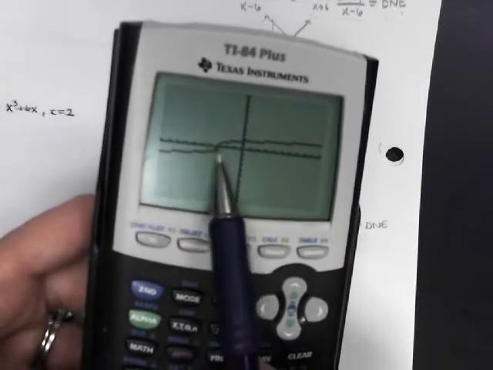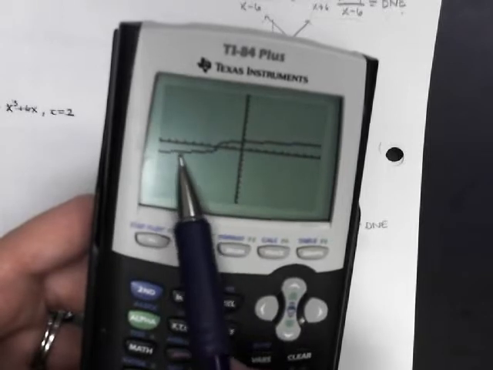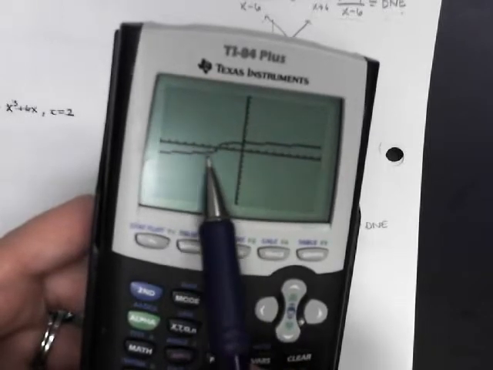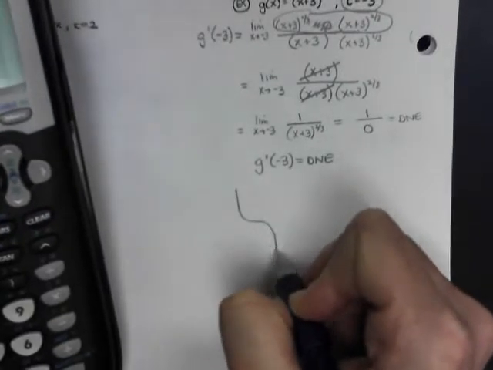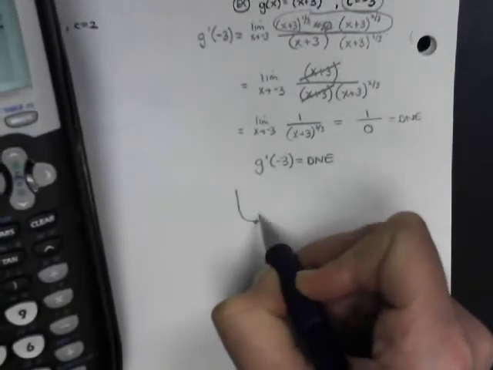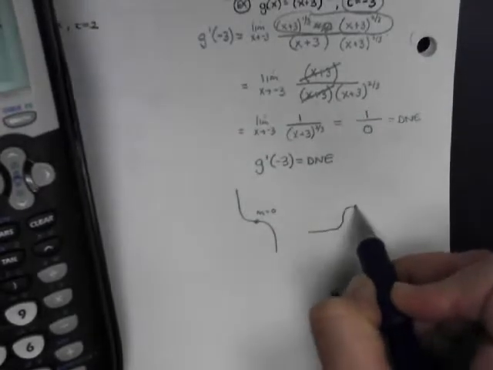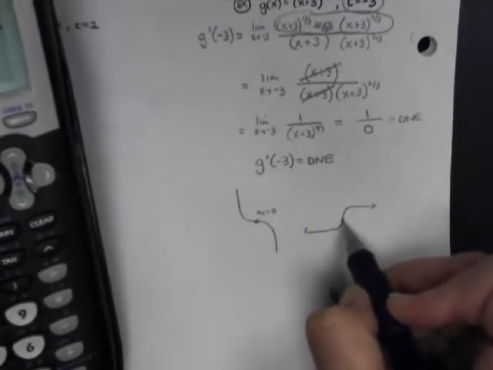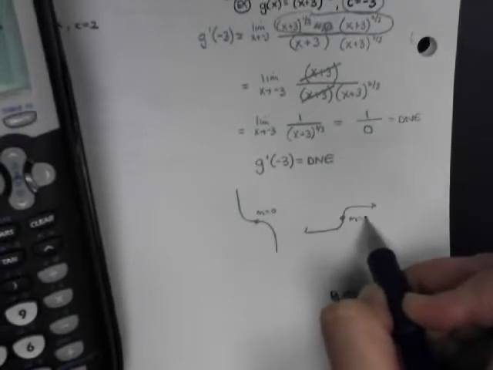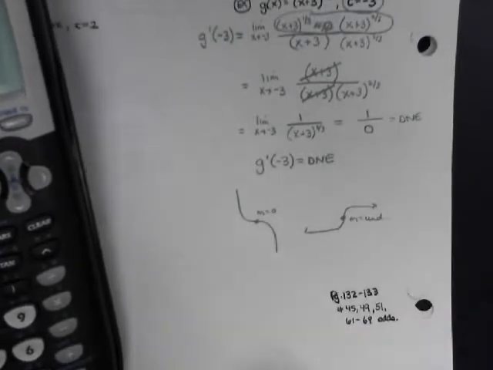But what happens is just for that instant, this is a little wiggle, but it's wiggling vertically. So we're used to wiggles like this, where instantaneously right there they have a slope of 0. Well, this one is wiggling like this. So instantaneously right there we have an undefined slope.